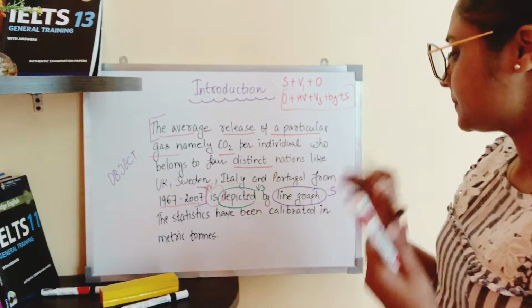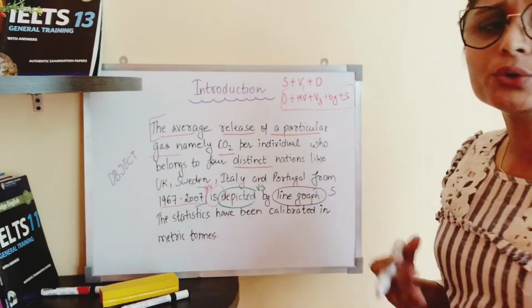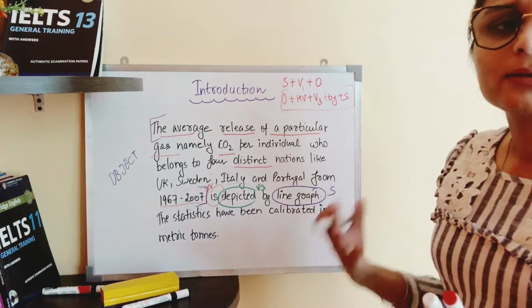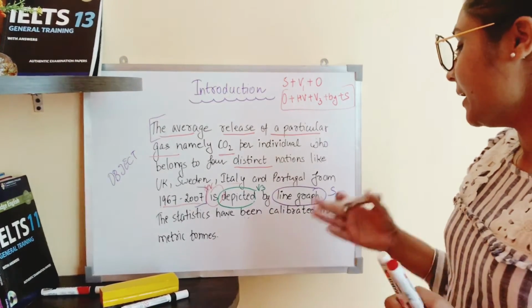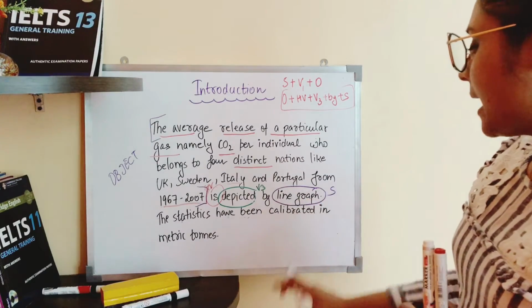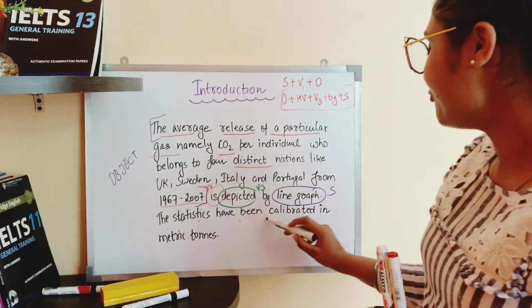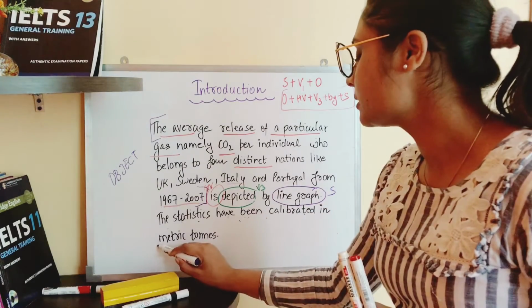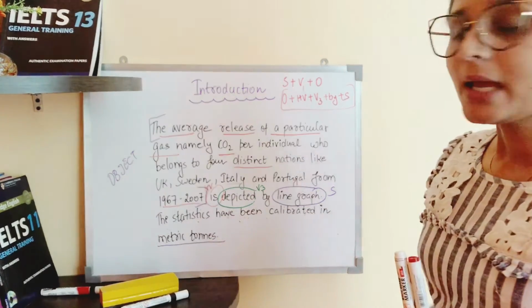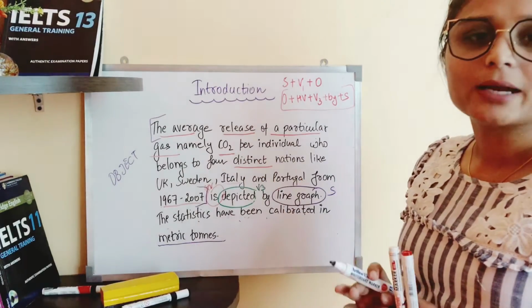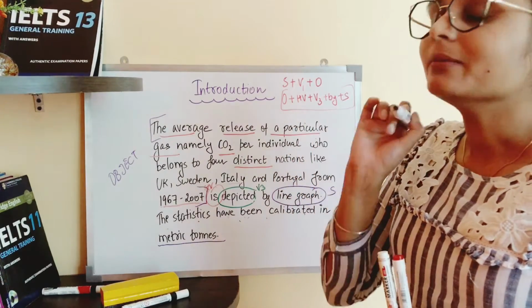Other than this, if you don't want to use the unit measurement again and again, then you can add a sentence in the introduction, that is, the statistics have been calibrated in metric tons. Because if you see the left side of that picture, they have written metric ton.